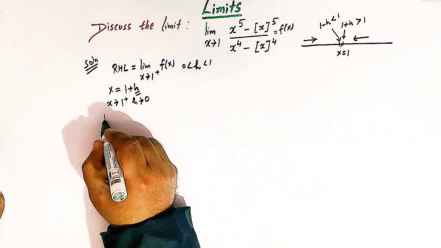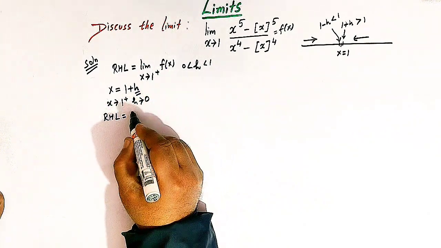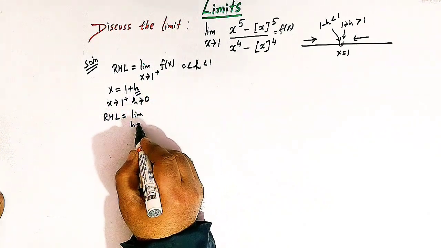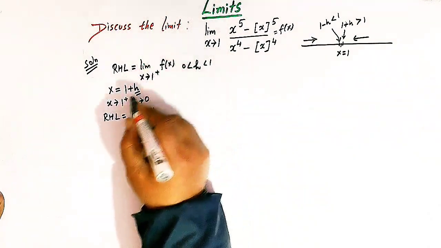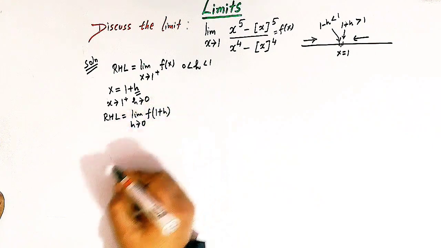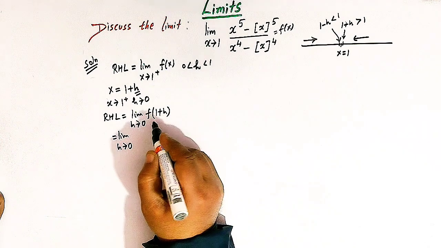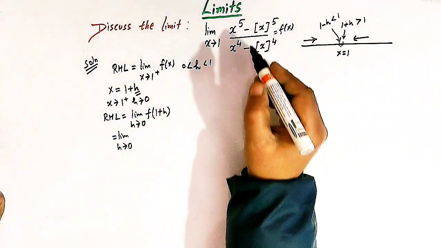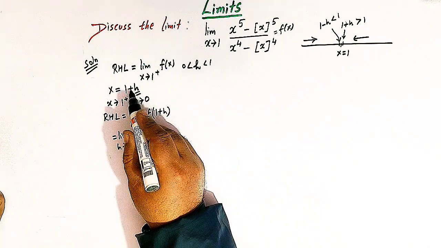So now the right hand limit can be written in terms of h as the limit h tends to 0 of f of x, where x is 1 plus h, right? Okay, so now let us find out the value of f of 1 plus h by replacing x by 1 plus h, right?